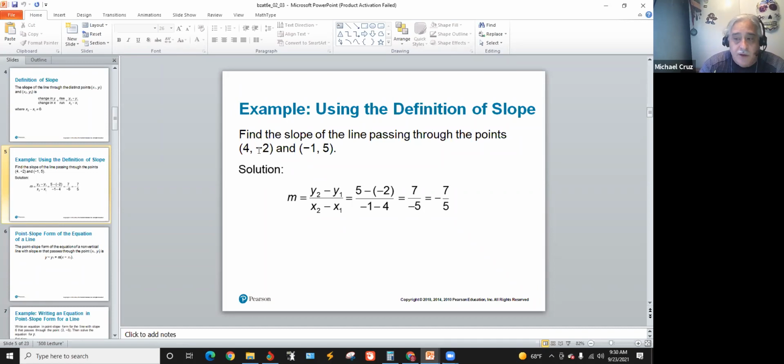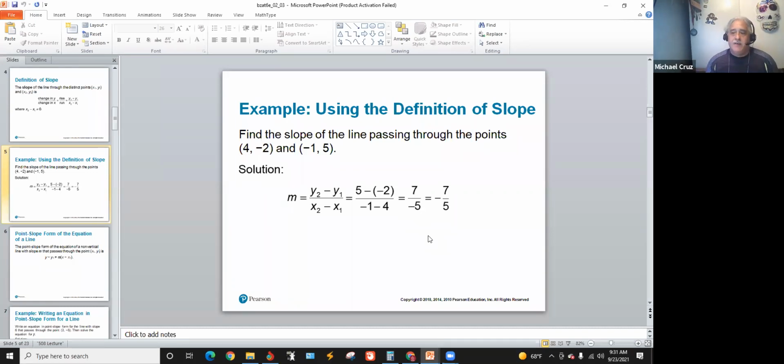So if this point, which is y1, is negative, it goes in there, and it's going to counter with that other negative and make it a plus. So 5 plus 2 is 7. And then down here, it's the x2, which is negative 1, minus the minus built in, and then the 4. So that's minus 5.